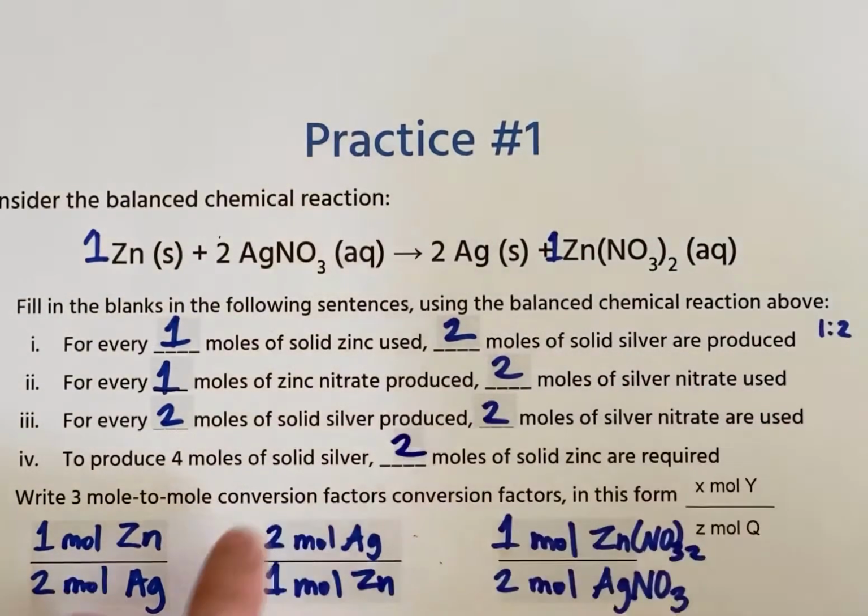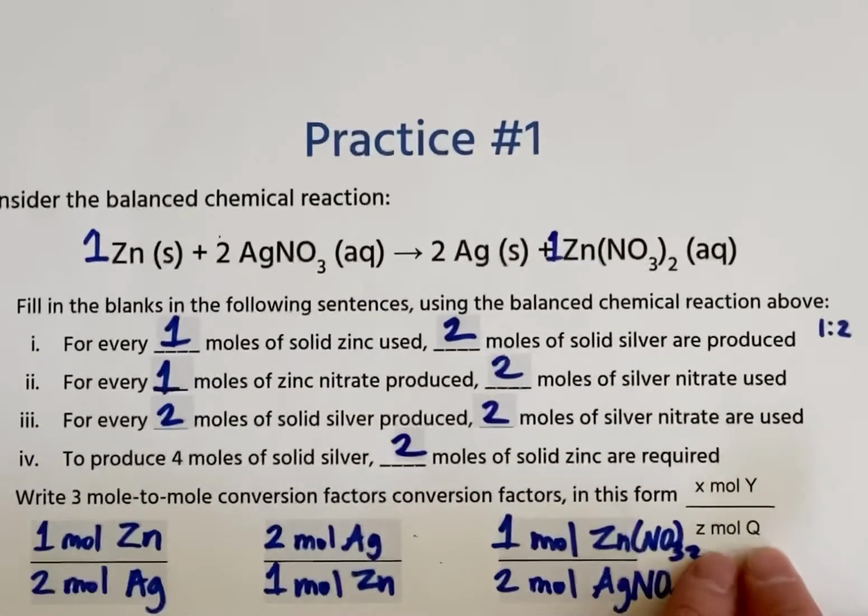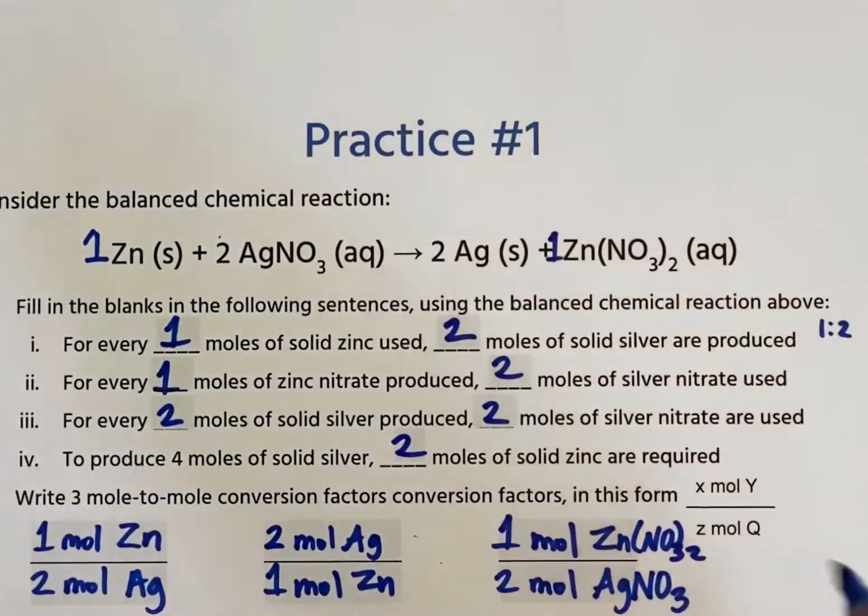So, bam. Now this down here, I know there was some confusion in the emails I received asking what is this X mole, Y, Z mole, Q. That's what I used in my examples.